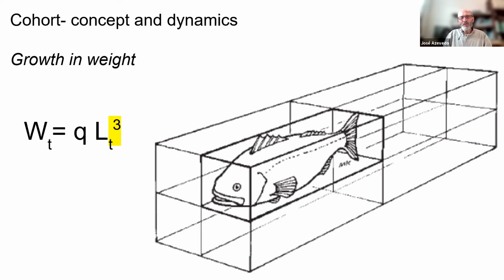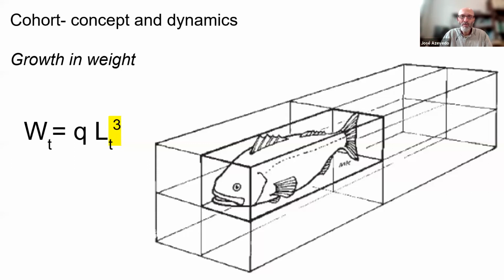Now, growth in size is growth in one dimension. So the fish had 10 centimeters and now has 15 centimeters, right? But as a fish grows in size, it also grows in volume. And volume is a cubic function of size, right? So as a fish grows in size linearly, its weight grows exponentially by a factor of about 3, because the fish is growing in 3 dimensions, right?